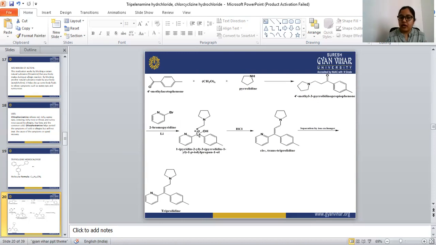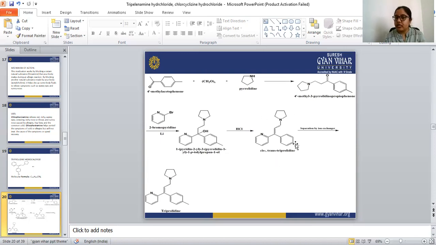When this product is reacted with hydrochloric acid, we get cis-trans triprolidine.